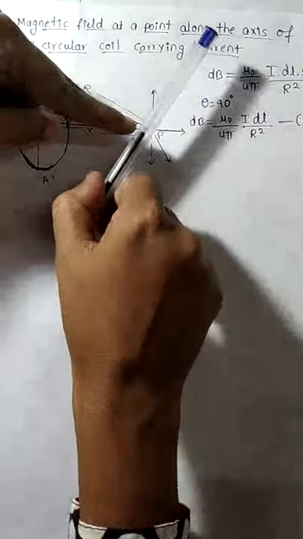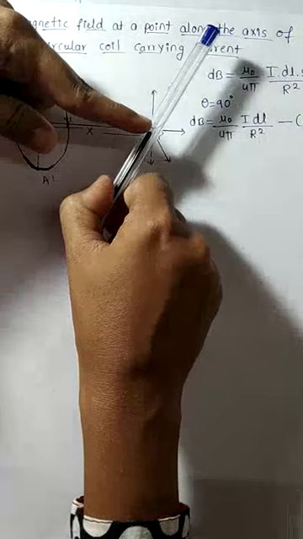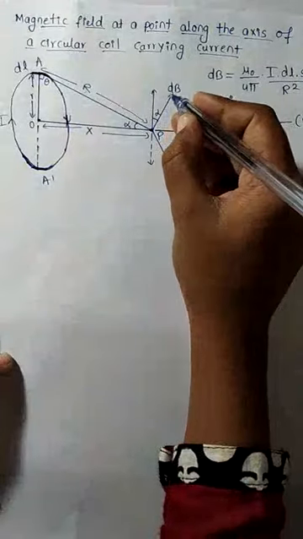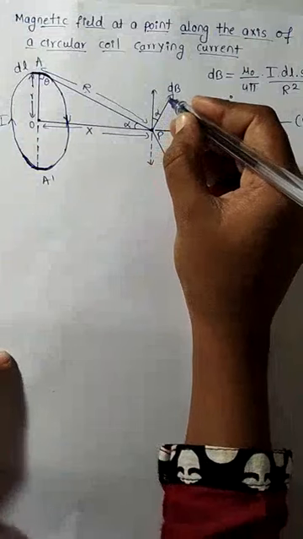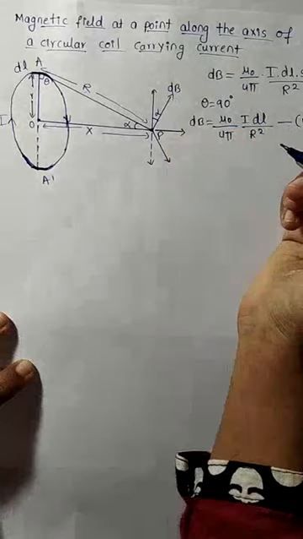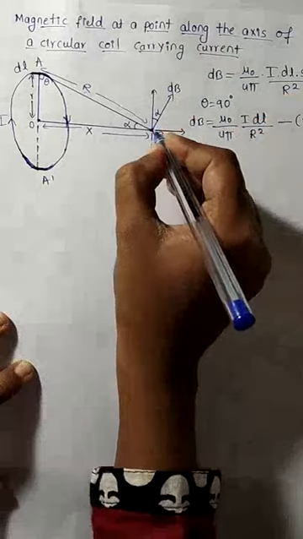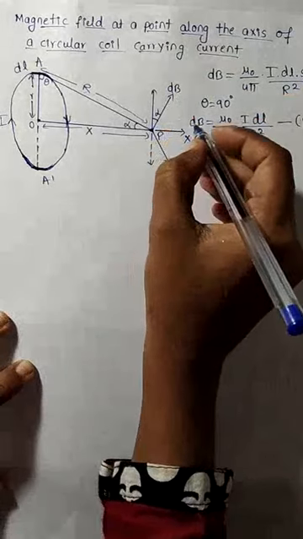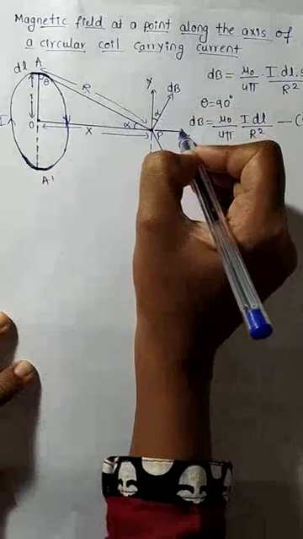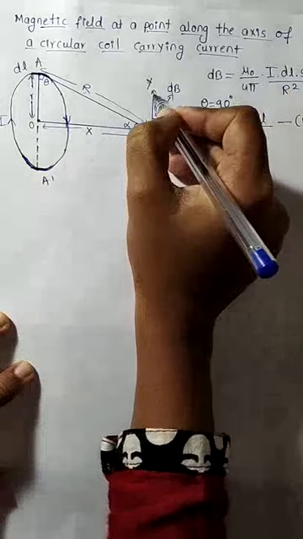So it should be perpendicular to these two, meaning it will be acting like this if it is the line joining. So now dB will go in this direction. But now this dB we will resolve into two components: one along the px axis and one along the py axis. This dB we will resolve along the x axis and the y axis.